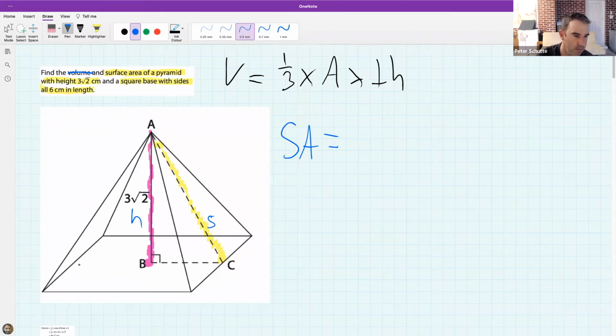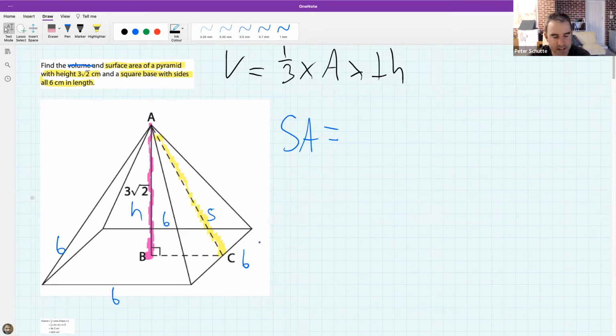We looked at this question in a different way in the previous lesson, but I want to know what their plan would be, not the answer. What would their strategy be, or what do you think we need to do in order to find the surface area? What shapes are involved? Who would love to come online quickly and give us a suggestion?